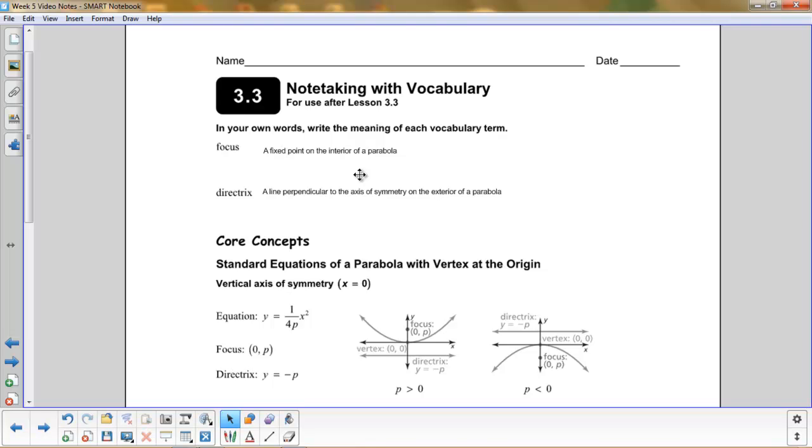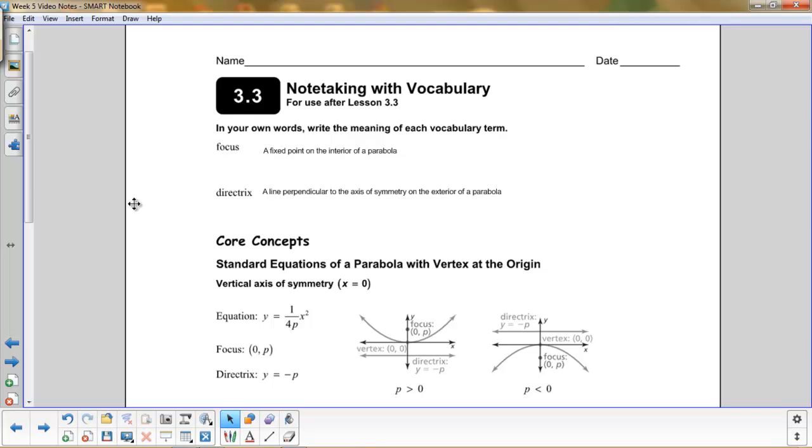A directrix is just a line that is perpendicular to the axis of symmetry, and it is on the exterior of the parabola. Now, in the definition of a parabola as a conic section, the distance between the focus to a point on the parabola is the same as the distance from the directrix to that same point on the parabola. And that is how a parabola is formed.